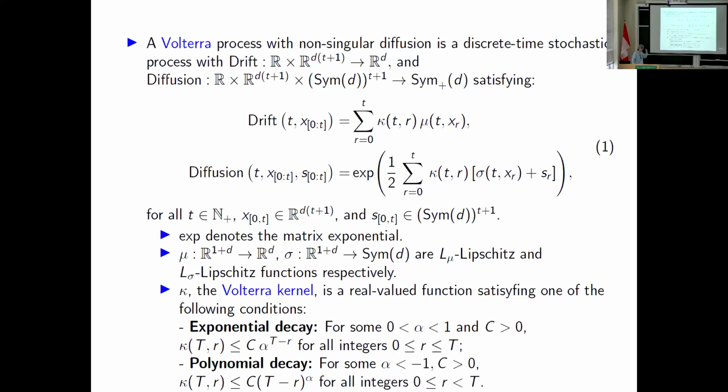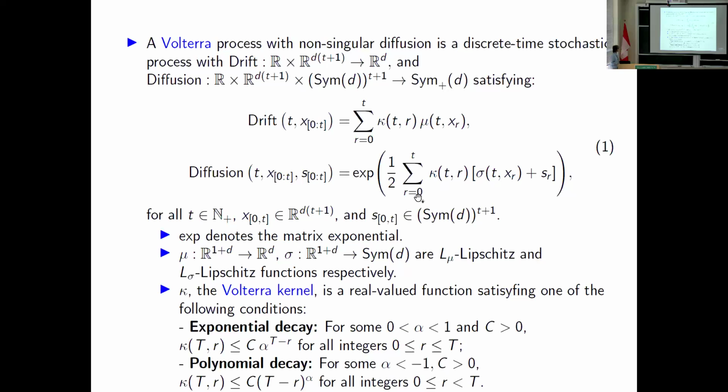We have some constraints on the parameters that define this evolution. Basically both mu and sigma are Lipschitz, where with L I denote the best Lipschitz constant. This kappa is a Volterra kernel.